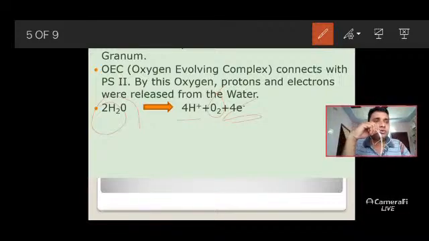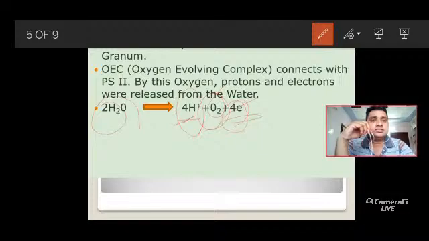So during this photolysis of water, apart from the oxygen, 4 electrons and 4 protons are evolved. These 4 electrons and 4 protons are helpful in the next reactions in photosynthesis. Whereas this oxygen is released outside from the plant in this particular process. So that is called the oxygen evolving complex.